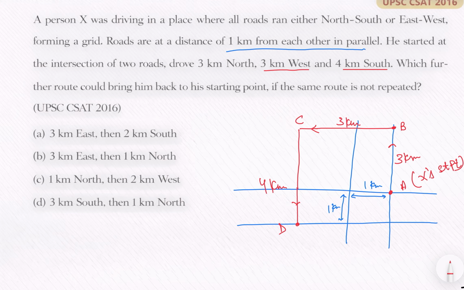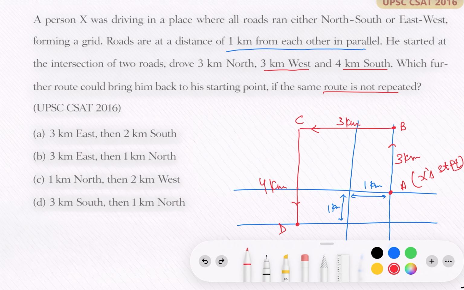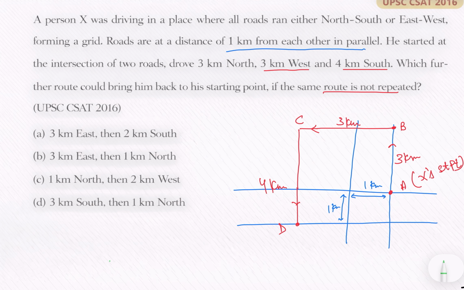Which further route could bring him back to his starting point if the same route is not repeated? If he will not repeat the same route, the next possible route can be this and this and this to reach his starting point.